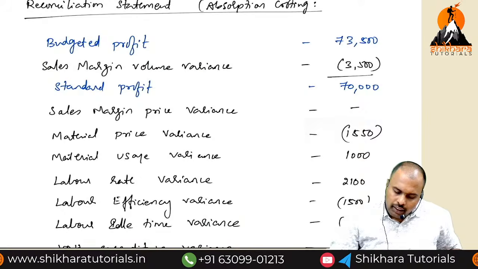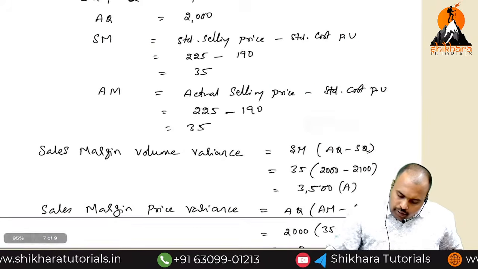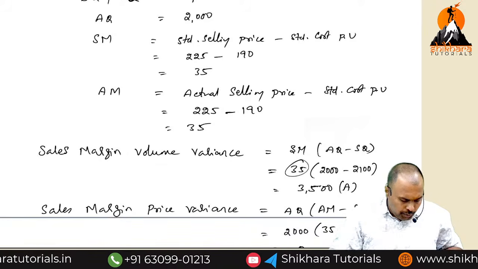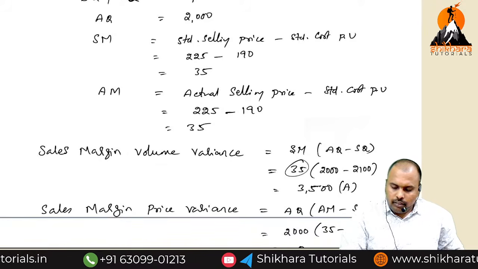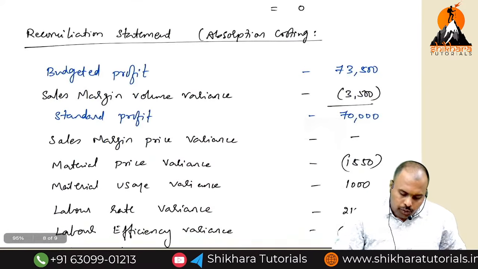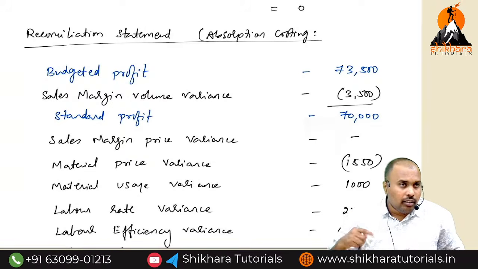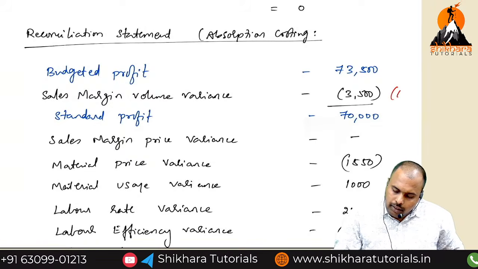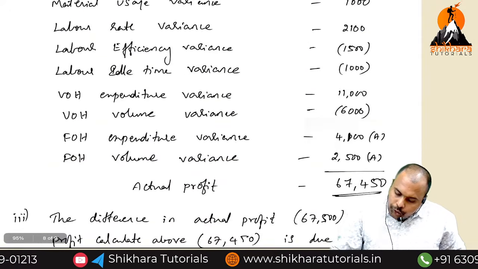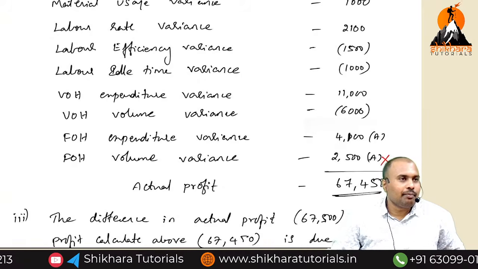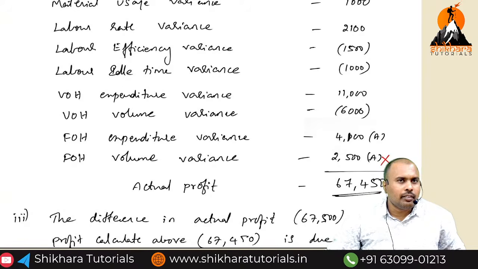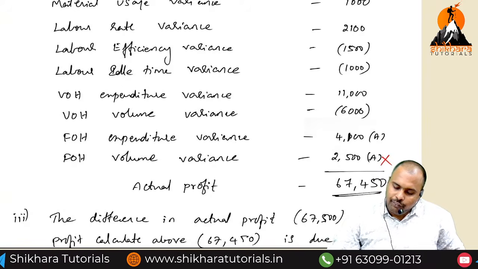Understood, right? So here, in the place of 35, you take 60. Then how much do you get? 6,000 only, right? So if it is based on marginal costing, here we are going to get 6,000 negative. And I should not take this thing. Volume I'm not supposed to take, and the rest of the things, everything is the same. Understood? Now you take, you will get the same answer.